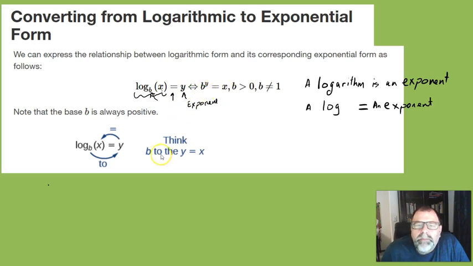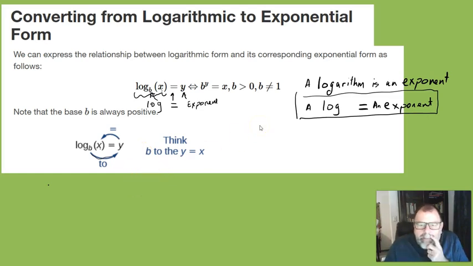But I like you to just keep in mind a logarithm equals exponent. So log equals exponent. So y is the exponent for the base, which is b. So b to the y is equal to x. Okay, you got to get that in your head.